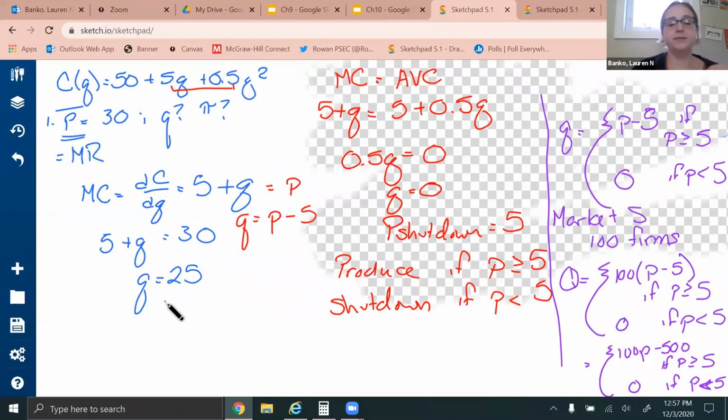So 100 of those firms would sell 100 times that. So this is just for any price in the market. So firm supply up here, and then market supply down here.